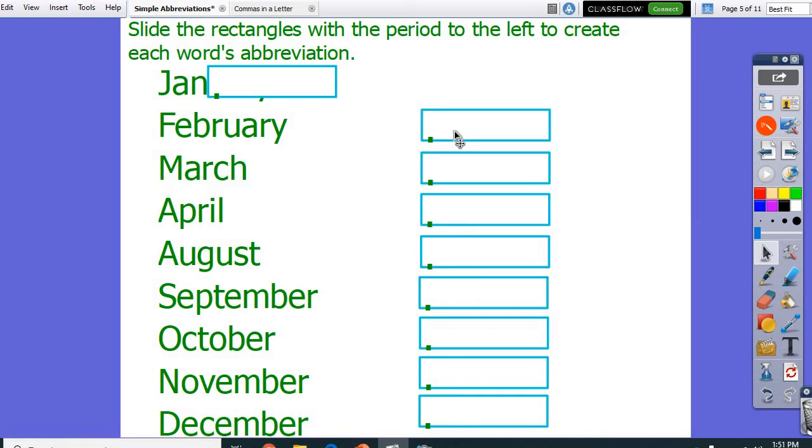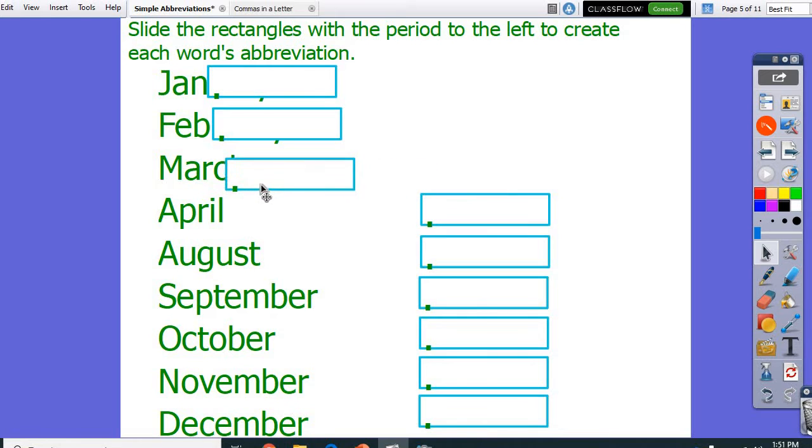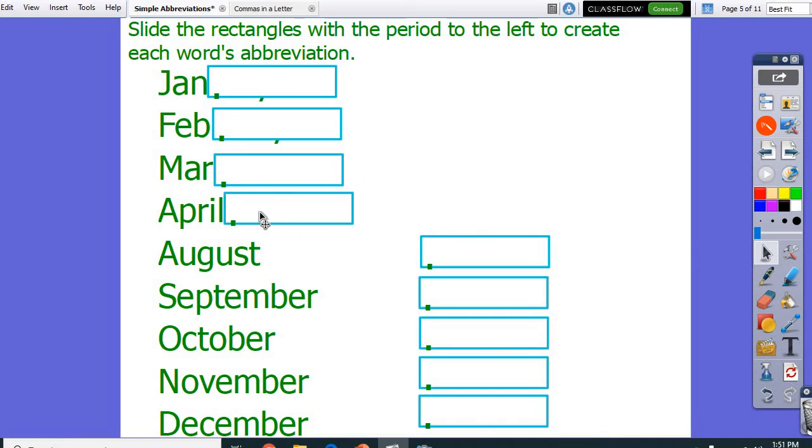And then February would be, yep, just Feb. And then March is, yep, just Mar. April would just be Apr. And if you notice, they're just taking the first three letters, aren't they? Yep, just the first three letters usually.